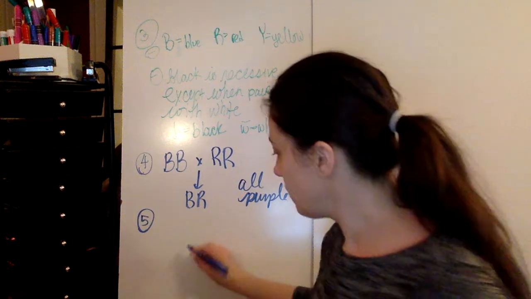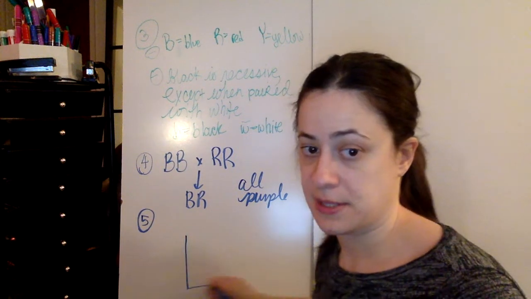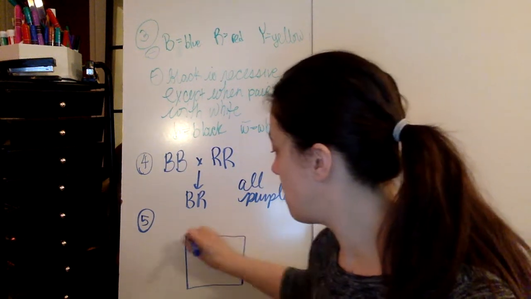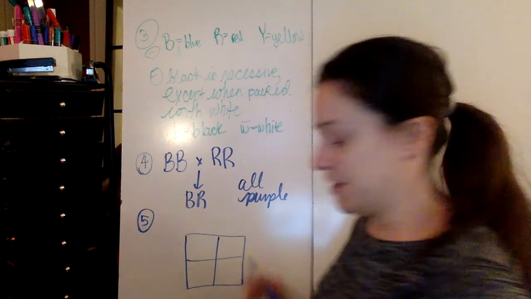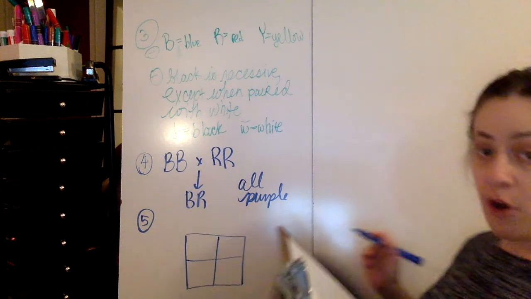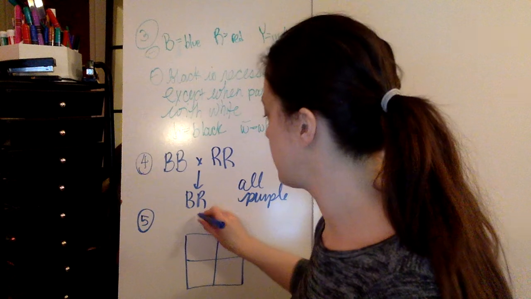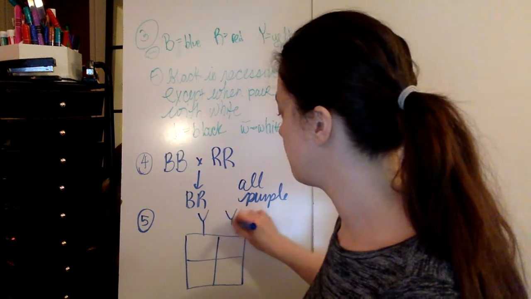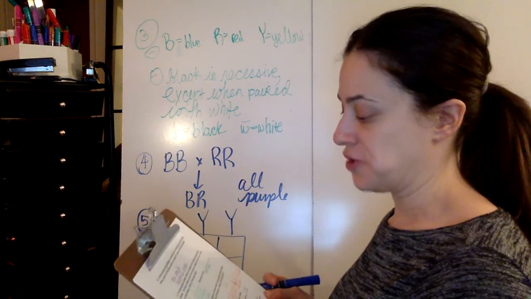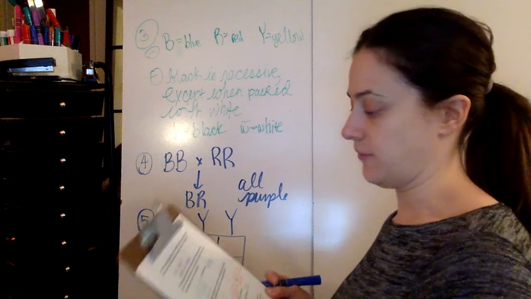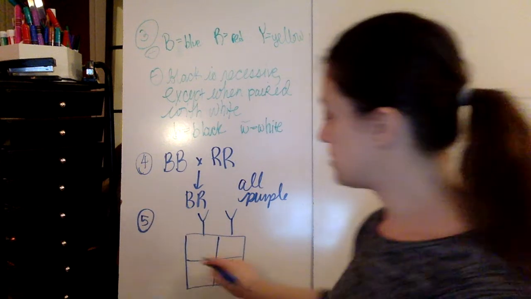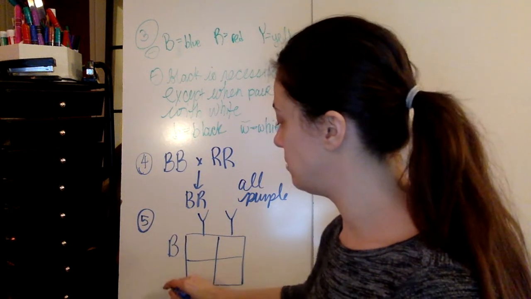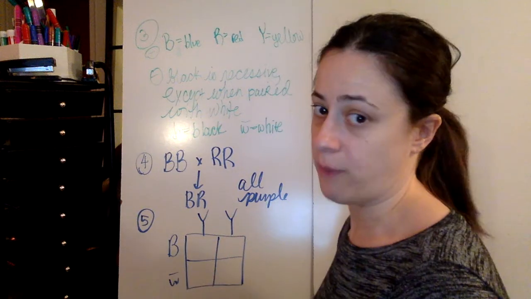So the genotypes: we have homozygous yellow, so here is big Y, big Y. And the blue tribble carries the recessive allele for white fur, so here's the blue allele and then the recessive white.